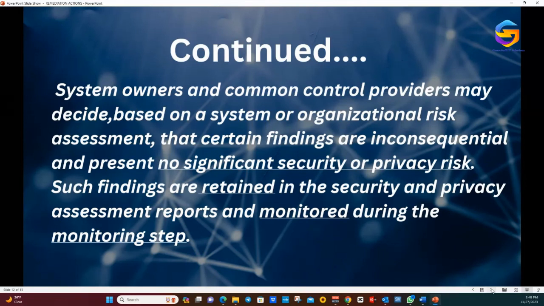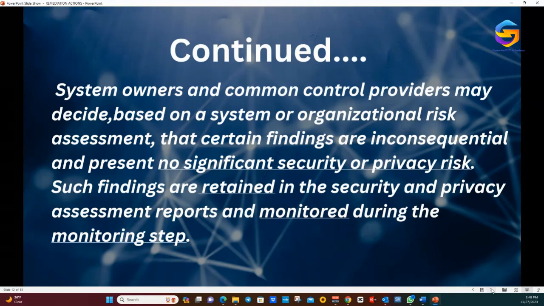So in most cases, when the control assessor goes out to do an assessment and they realize there's an issue, they don't have to wait till they finish assessing all the controls. Just imagine an information system which is of high risk may have so many controls. So it is advisable that the assessor report this immediately, so that it can even be fixed before finishing the rest of the controls during assessment.